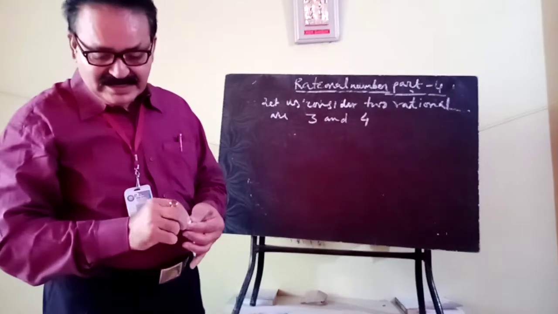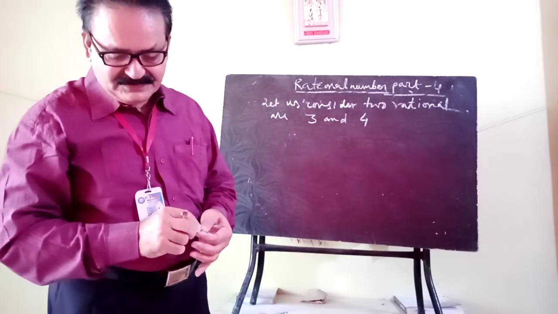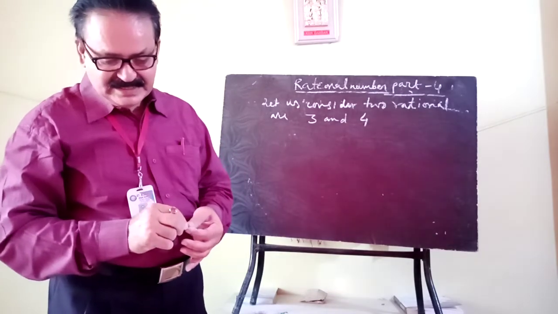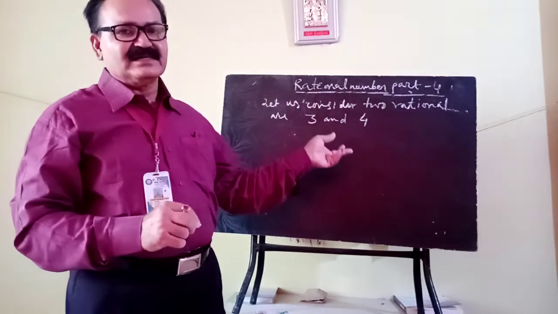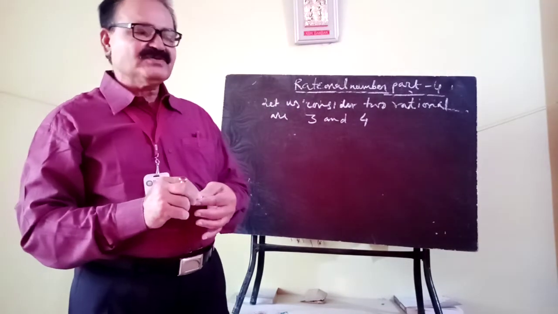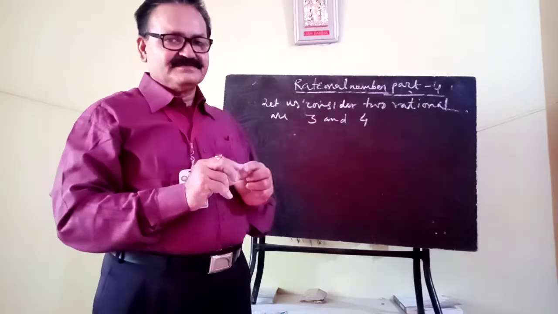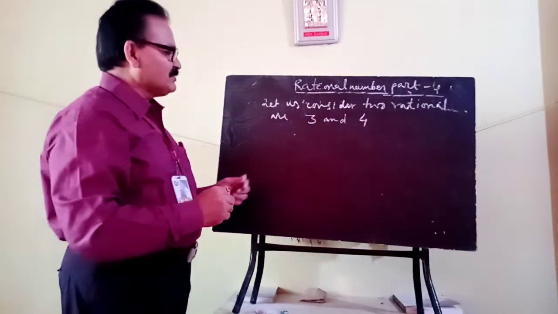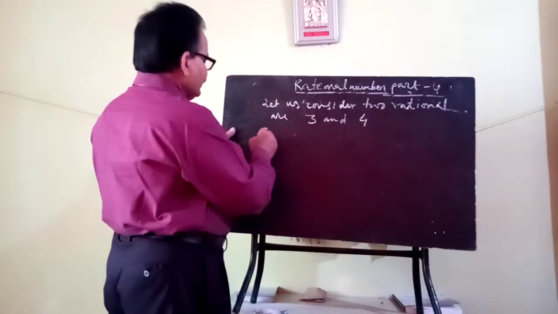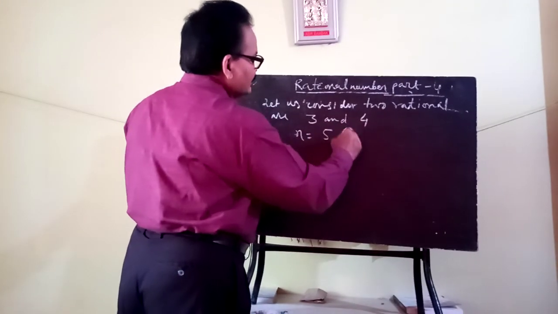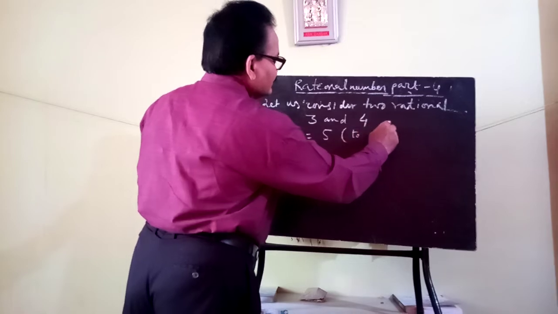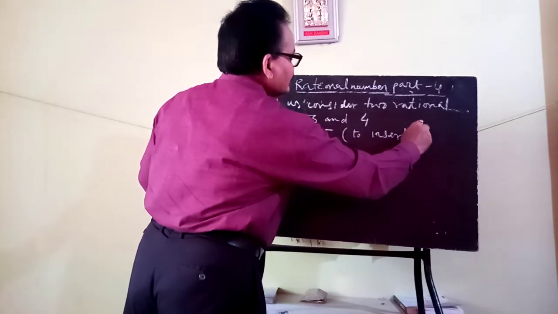So here given rationals are 3 and 4, and by using that formula that right now I had discussed, if you want to insert 5 rationals, you just use the formula. Here n equals 5, to insert 5 rationals.